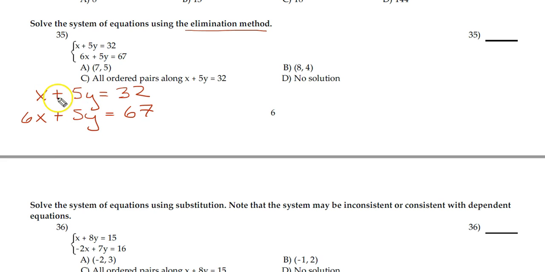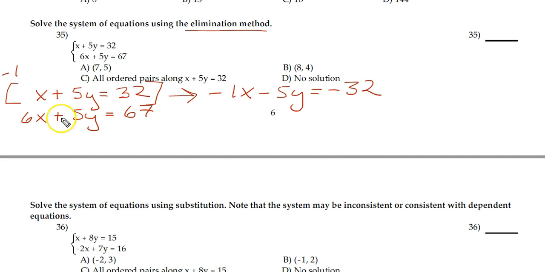Well, as we look at the top one, if we just multiplied that, either the top or the bottom, by a -1, and then use this protocol, rewrite them, this becomes a -1x, this becomes a -5y, and this becomes now a -32, and this one we don't have to change.